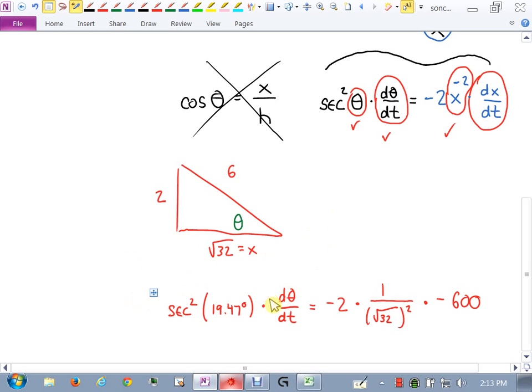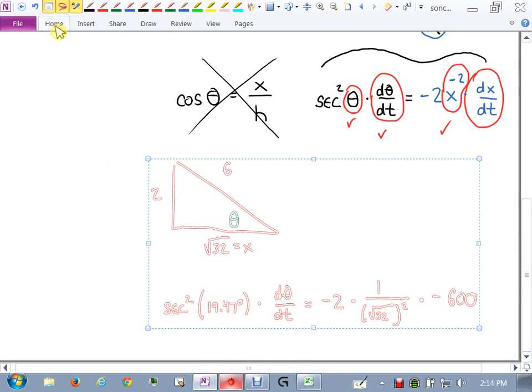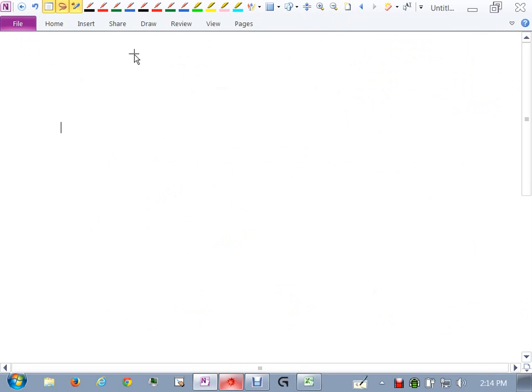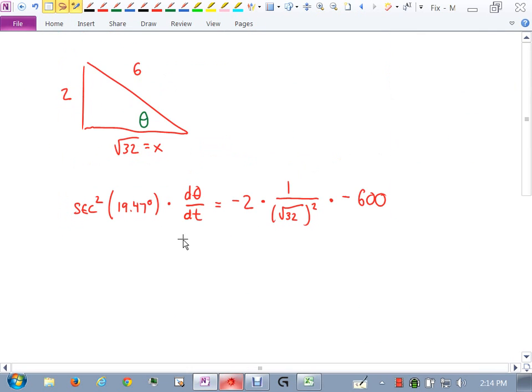So I'm trying to solve this. I need to go to the next page. I'll bring everything. So this becomes, what do we say it would be? 6 over root 32, but then squared. Why is it squared? Because it was secant squared. So we do the secant first, that's the hypotenuse over adjacent, and then we square it.